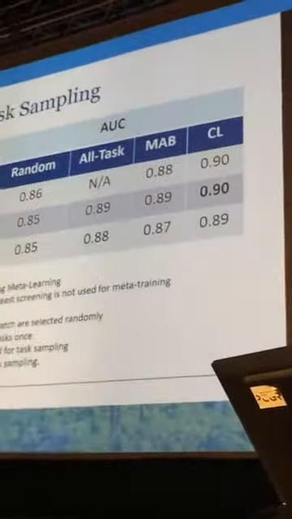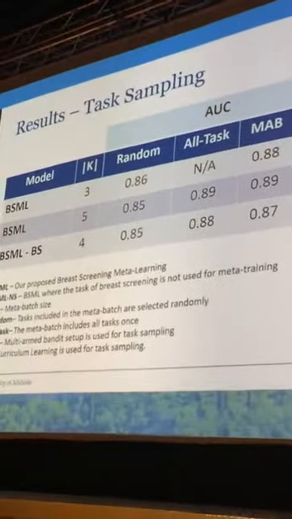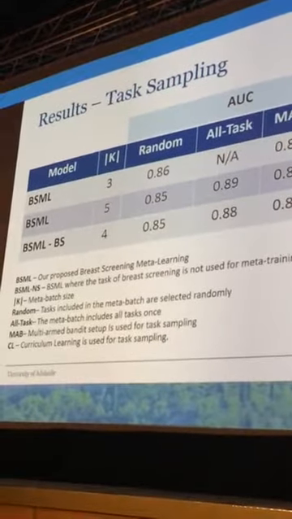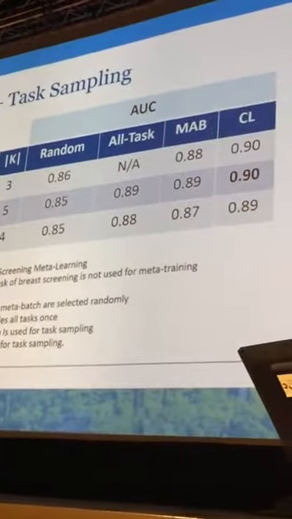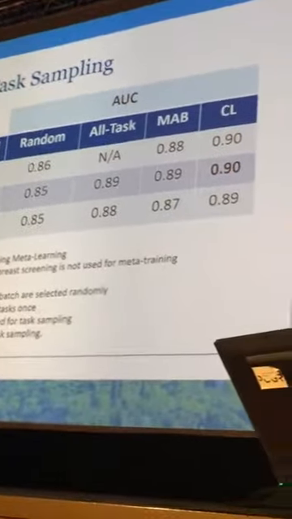We also evaluate our model to check the task sampling. In the first rows, it's the same model, the only difference is how many tasks we have selected at each iteration of the meta-training phase. We can see that if we sample the tasks randomly, we have a performance that is similar to the baseline.